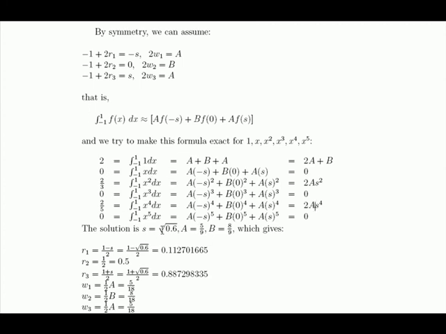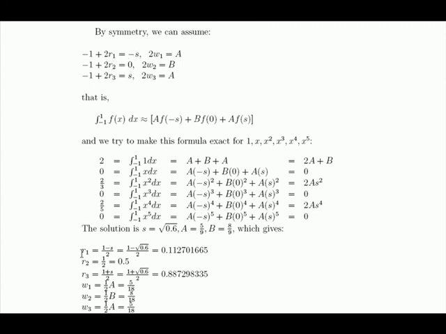So there's the weights and sample points for the interval -1 to 1, but now our r's and w's, which we need to actually program this method, those are the weights that we use in a real strip, x i minus 1 to x i. You have to go back and remember the conversion from the r's and the w's to the s's and b's. R1 will be (1 plus s) over 2. R2 is just going to be 1/2, right in the middle.